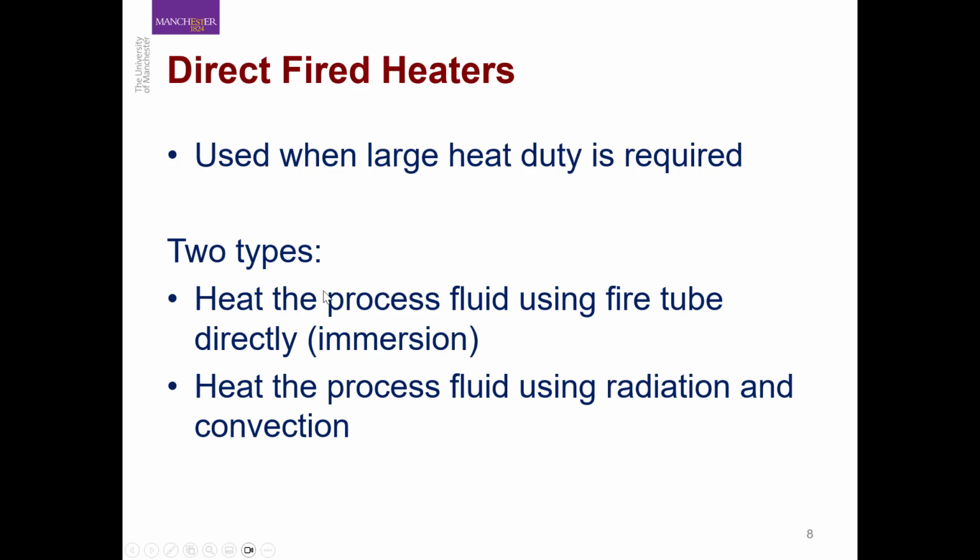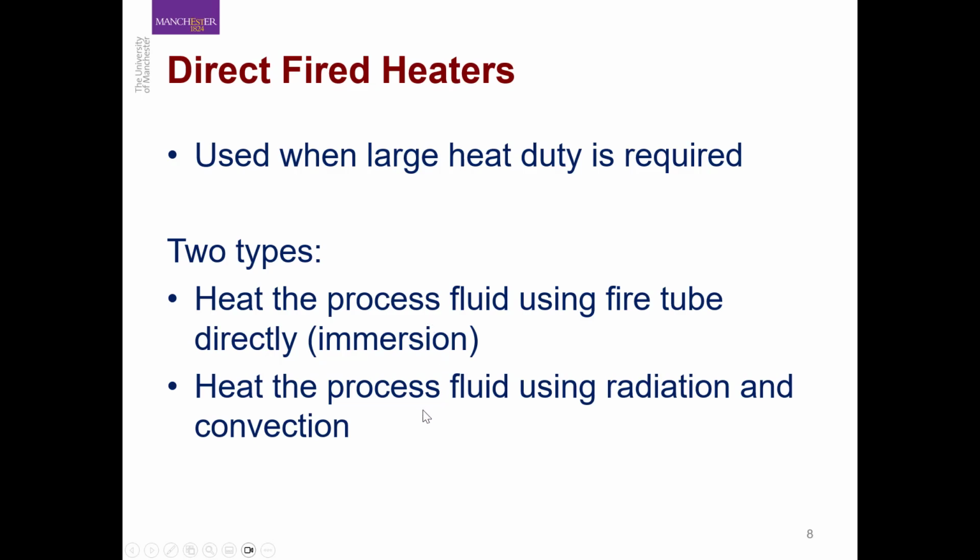The first type is what we call the immersion type, and it is based on the mechanism of conduction and convection. In this case, the fire tube is immersed inside your process fluid, and you are directly transferring heat from the fire tube to the process fluid.